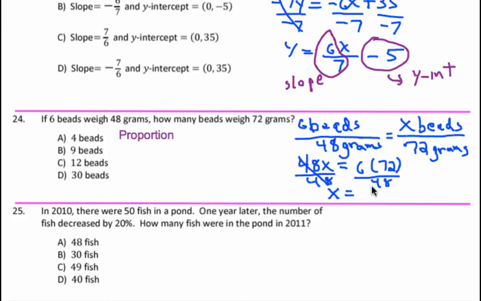Now you can do some crossing out on the right side too. 6 and the 6 goes 1, 6 and the 48 goes 8. 8 and the 8 goes 1, and 8 and the 72 goes 9. So you're left with 1 times 9 on the top, which is 9. And you're left with just 1 on the bottom, so you don't need to write that. So the answer is 9, and that is choice B.